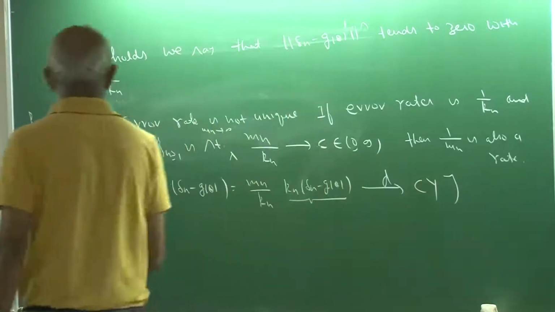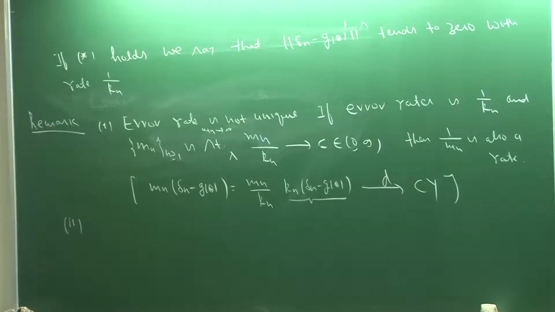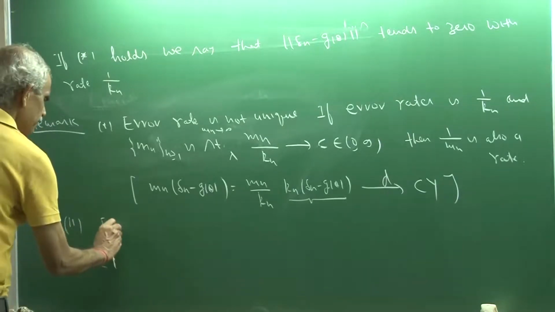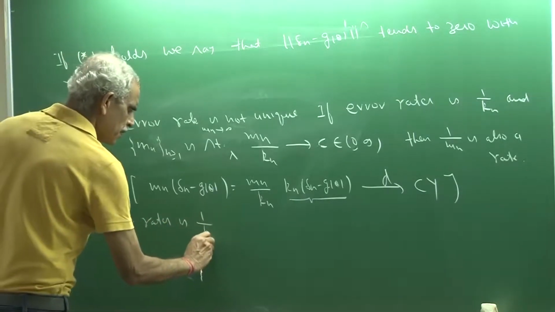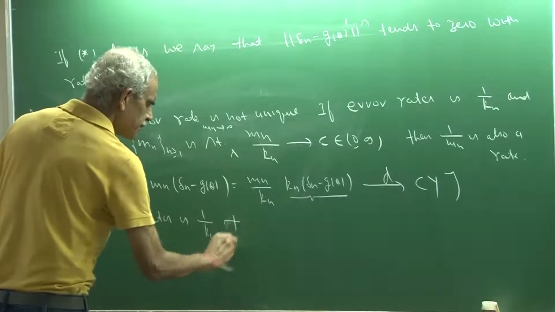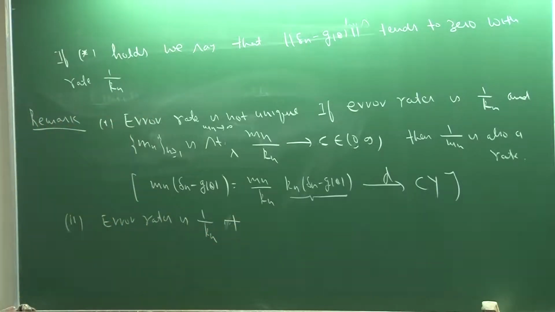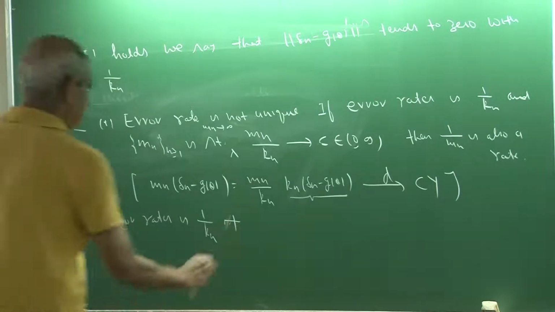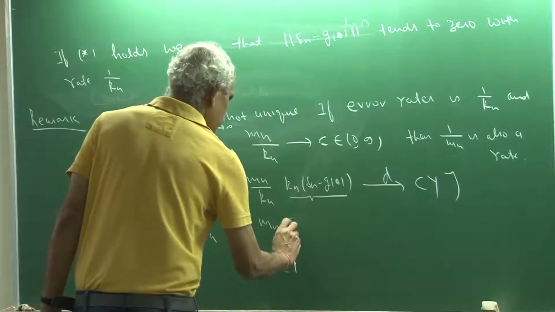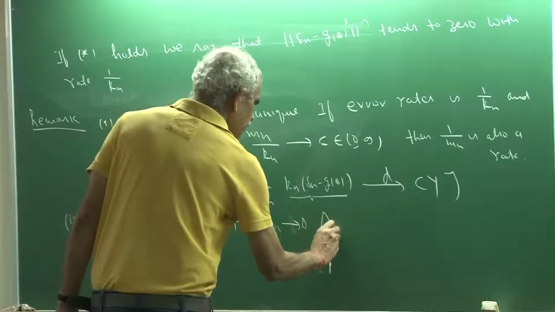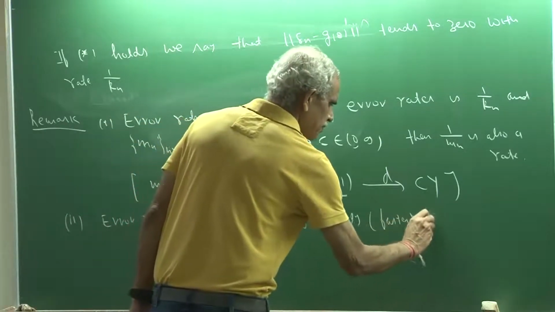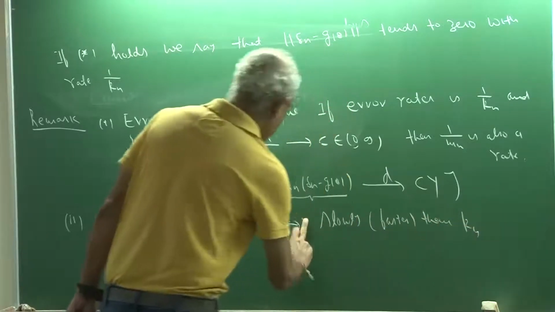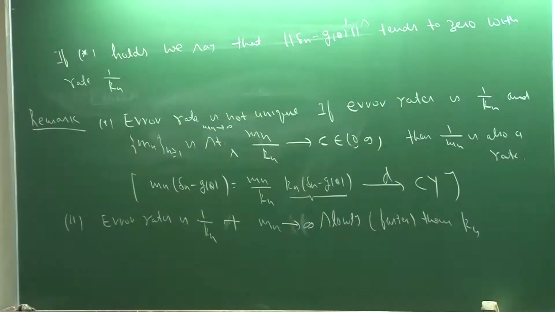Okay. Now what could be the other possibility? The error rate is 1 by Kn, and Mn goes to infinity slower or faster than Kn.